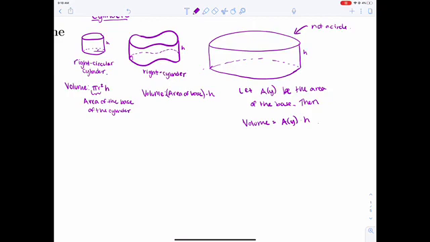In this case, the area of the base is the area of any cross-section perpendicular to the y-axis.